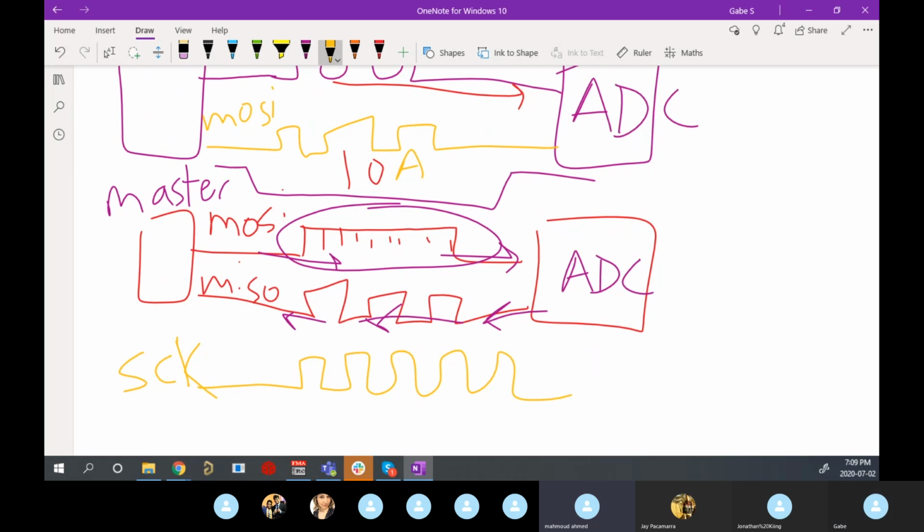Do SPI devices in general have certain clock speeds that they want, or are they just going to conform to whatever you're sending? A lot of times they'll conform, but like I mentioned, there will be a range. Usually it's rare that you see a device get angry if you go too slow, because slower is easier.